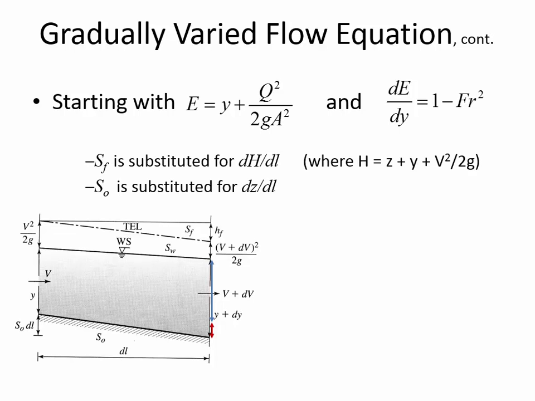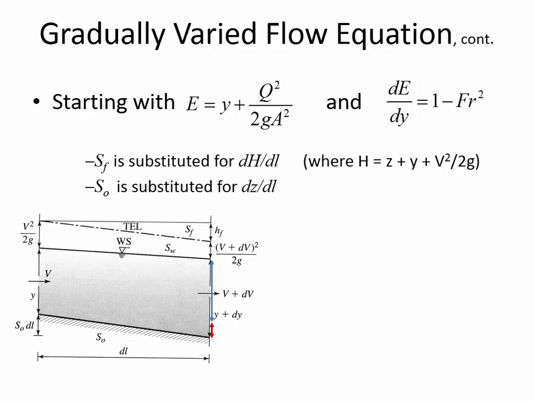And so let's make a couple of substitutions here. The definition of S sub f, where S sub f is the slope of the energy grade line, they're calling that dH/dl, and H is the total head, including the specific energy and the elevation.